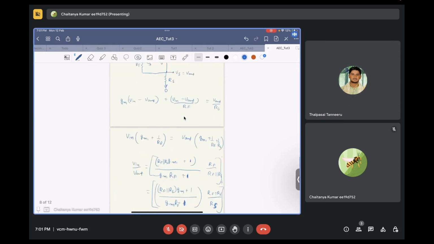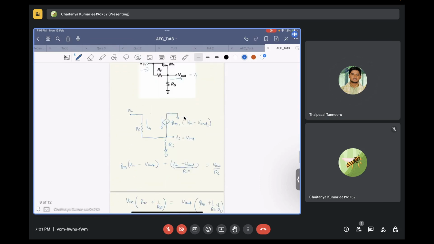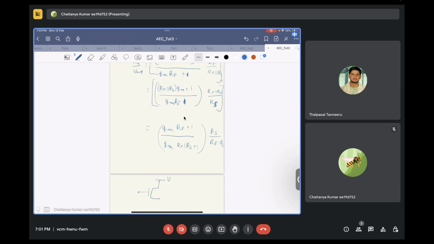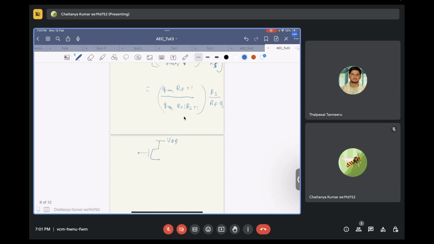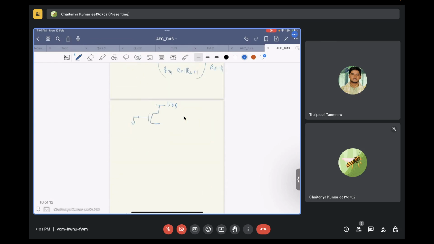So can we check whether this circuit is in negative feedback or not? How does the circuit look? It basically has VDD at the top. For checking the negative feedback, you can de-energize this input.